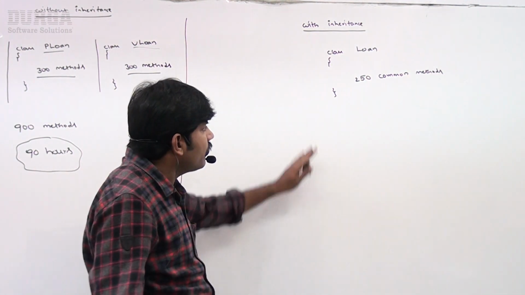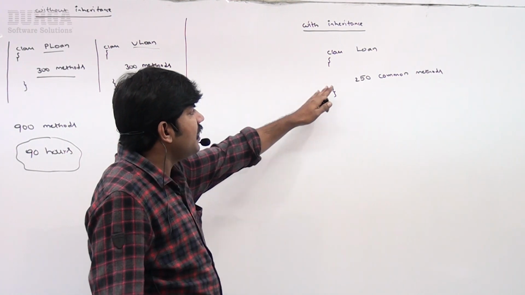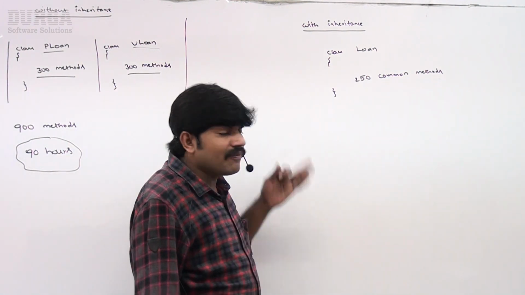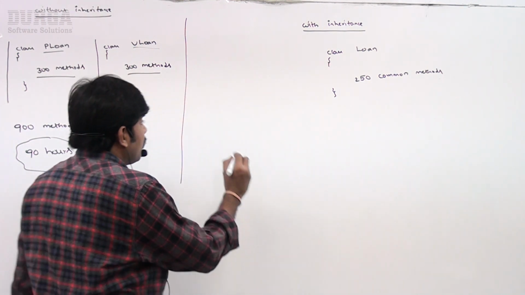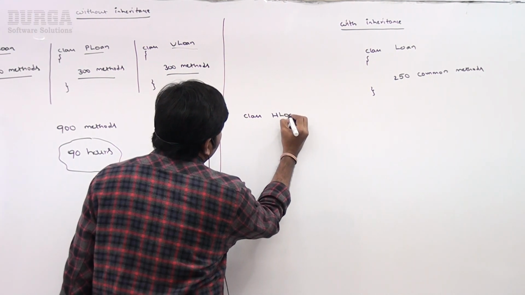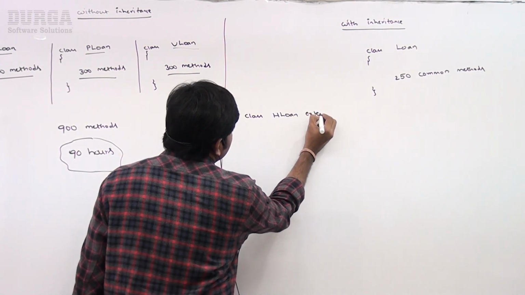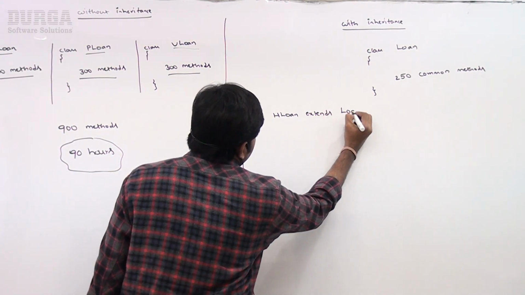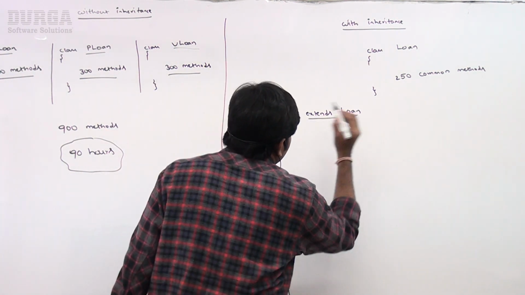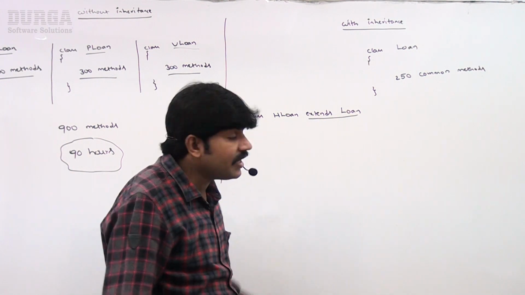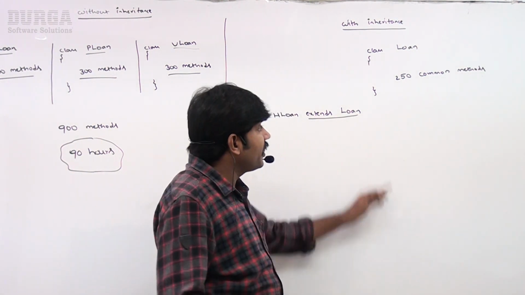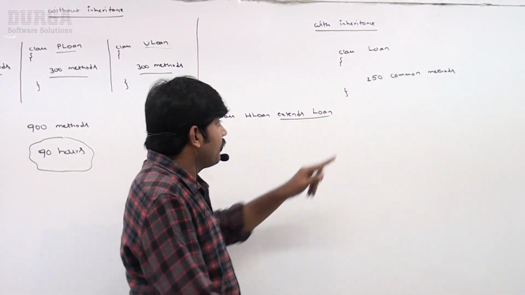These 250 common methods by default are going to come for every child, no problem at all. Now, class HomeLoan extends Loan. Whenever we take extends Loan, automatically all these 250 methods come by default.